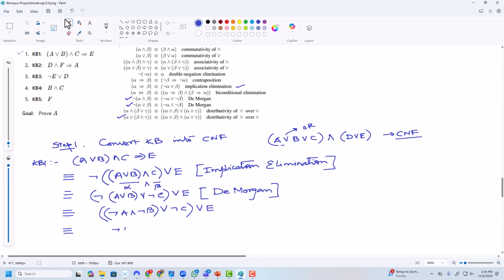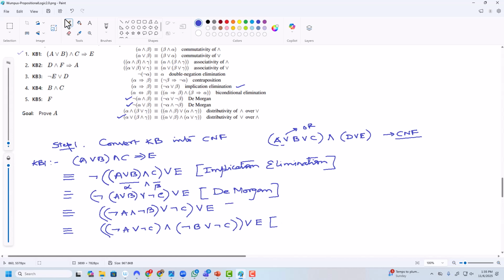So not A or not C and not B or not C, and this thing again, or E. So this is distributivity.